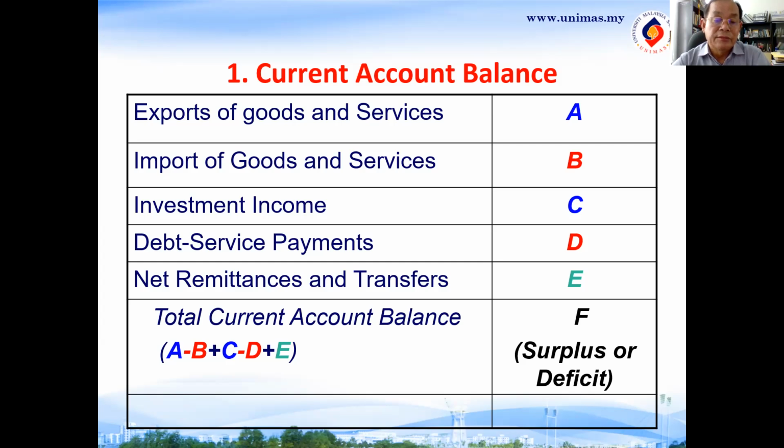Ataupun a deficit, if the value of goods and services that we imported is higher than the value of exports, ataupun there is very little investment that comes in and a lot of servicing of debt and so on, and so we may end up having a deficit. Okay, so that is the current account balance.